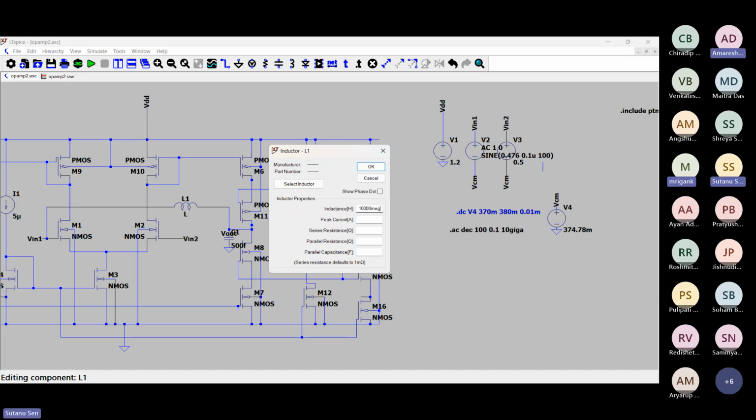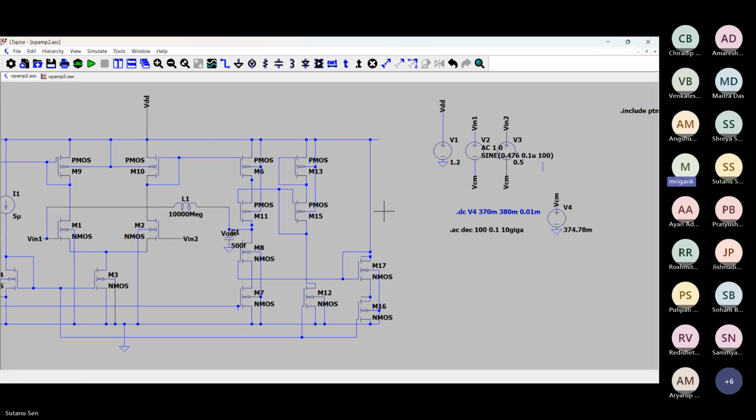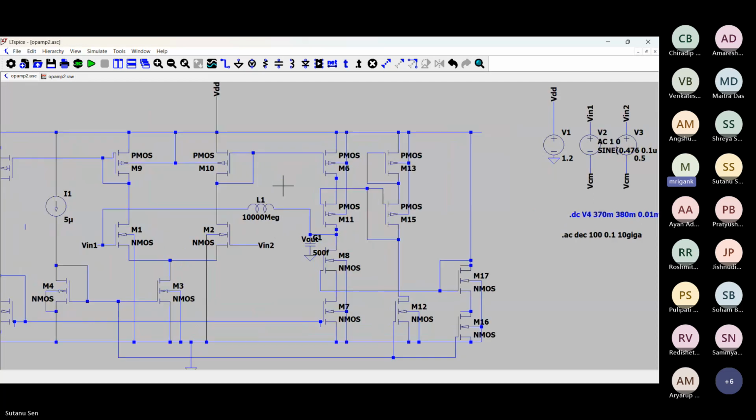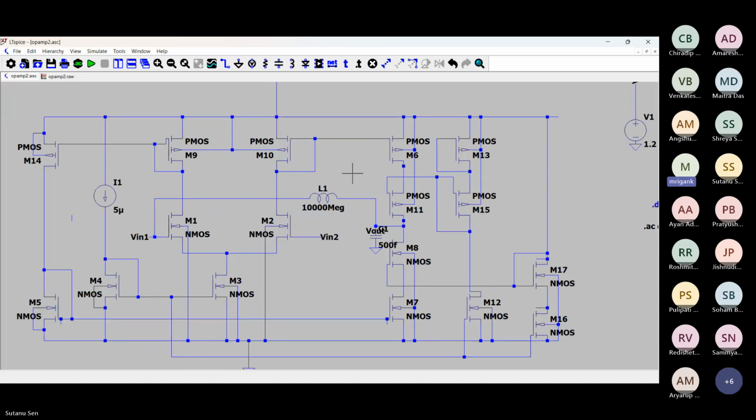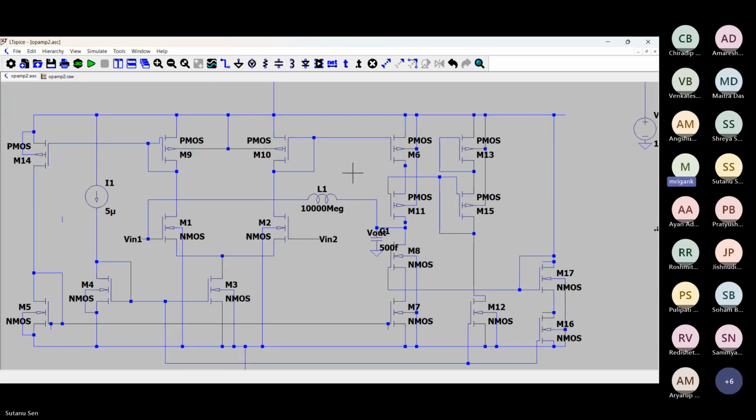So in your AC analysis, it will ensure that the DC point is set, or you can basically connect it another way, that is also fine. So in terms of AC analysis, it will just make it shorted.